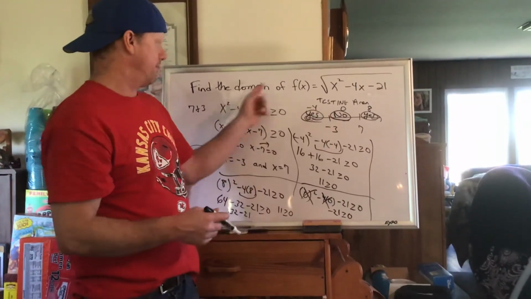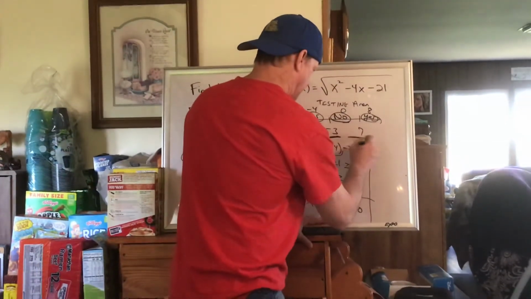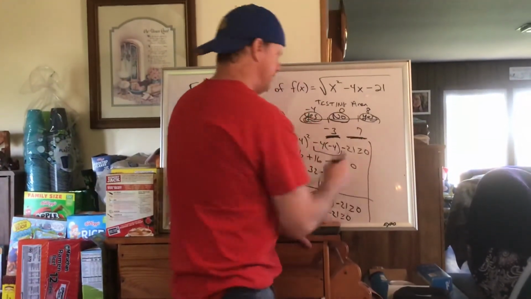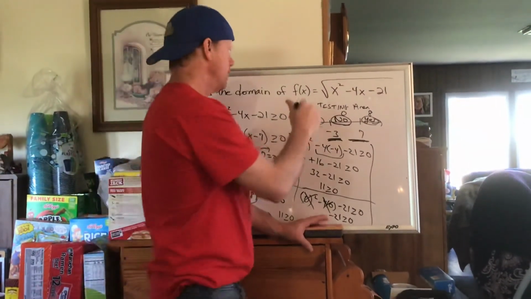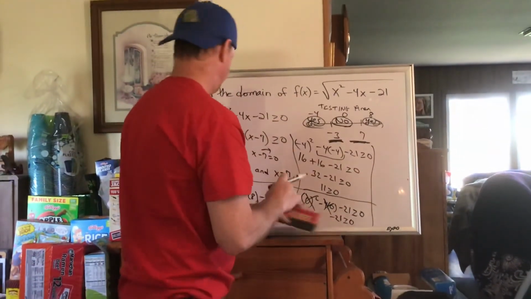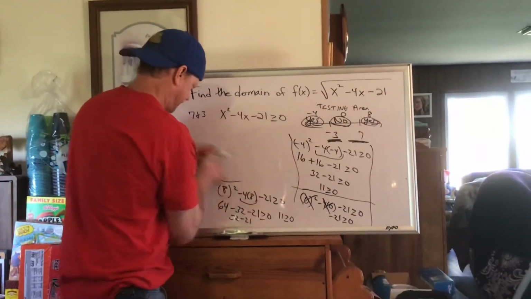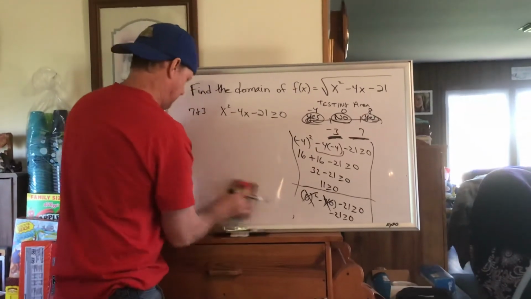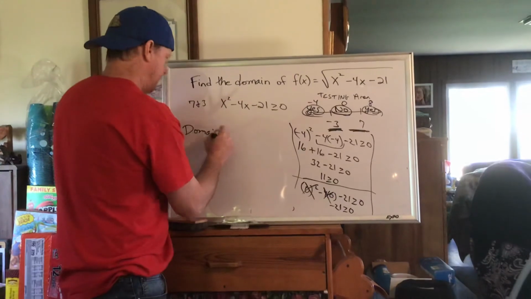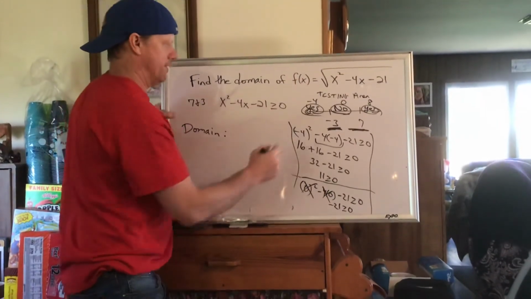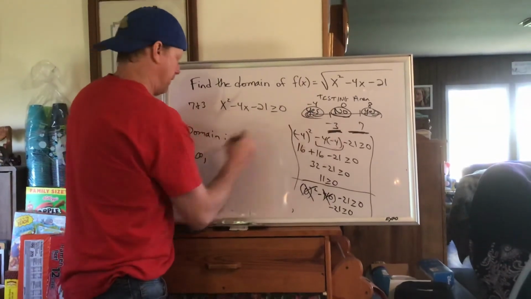So what's the domain of this square root function? Remember, your critical numbers are always involved in your answer, not the numbers that you tested with, but your critical numbers. So the domain of the square root function is going to be from negative infinity up to negative 3.